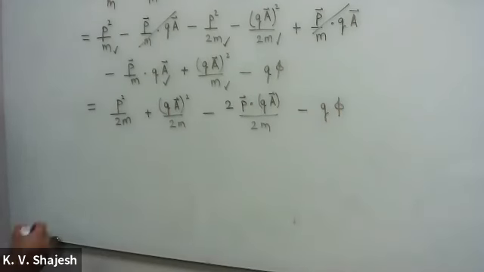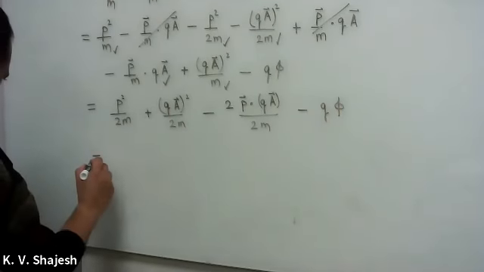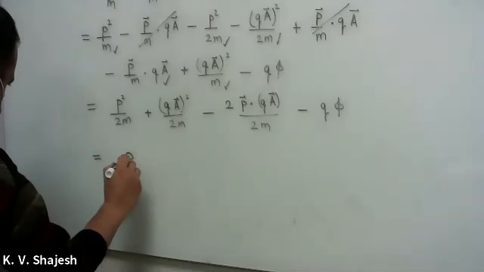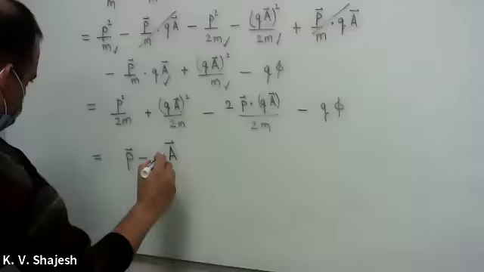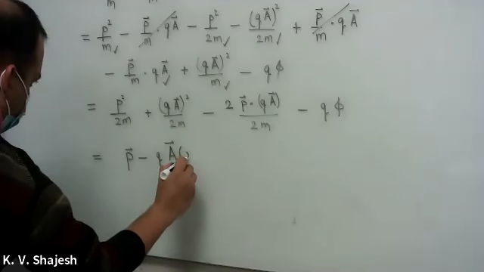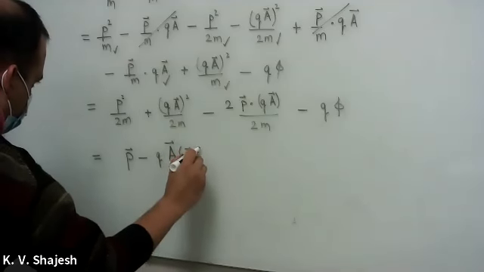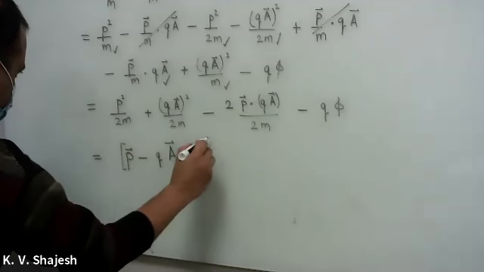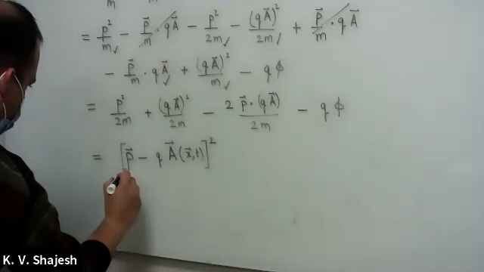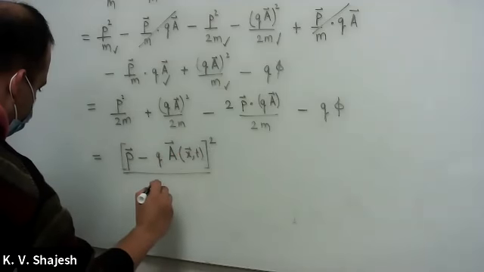Which is equal to p minus q times the vector potential, which is x dependent or time dependent, squared over 2m.